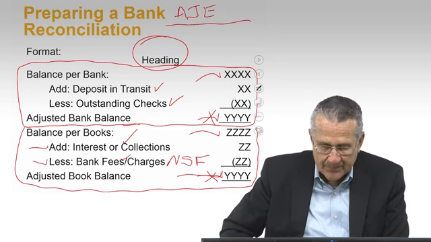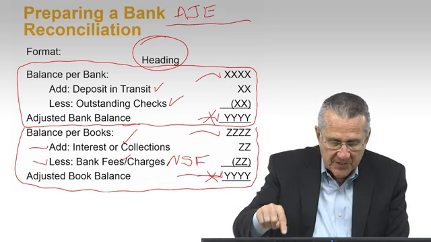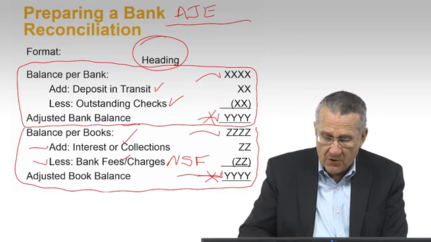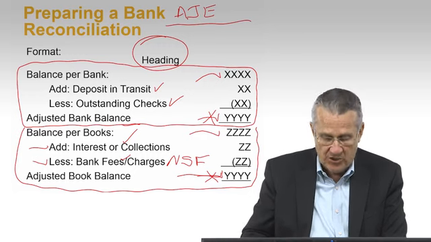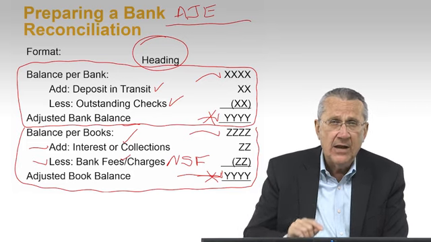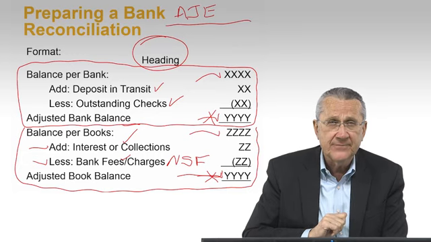At that point, after we've posted these adjusting journal entries, then our adjusted book balance per reconciliation should equal our balance in our accounting records for this bank account.